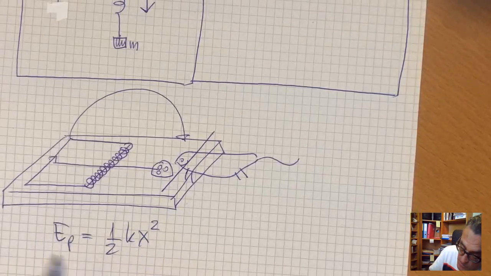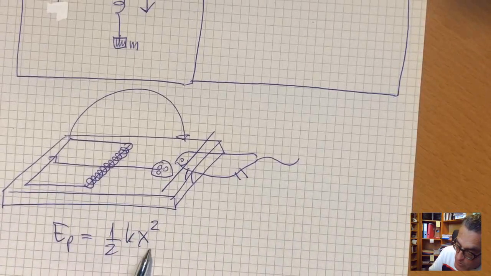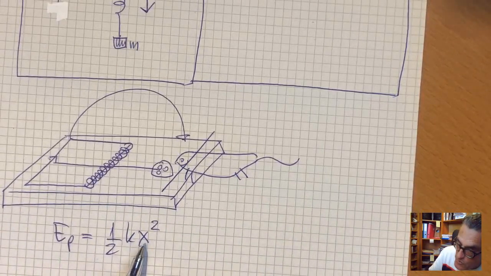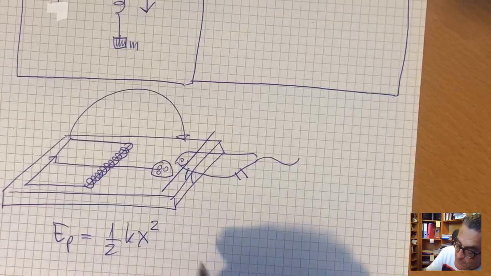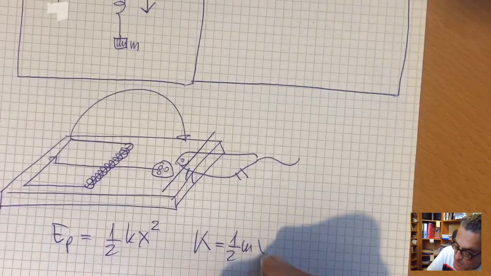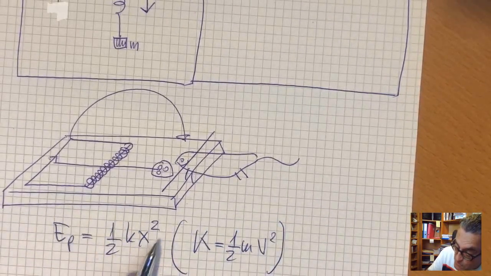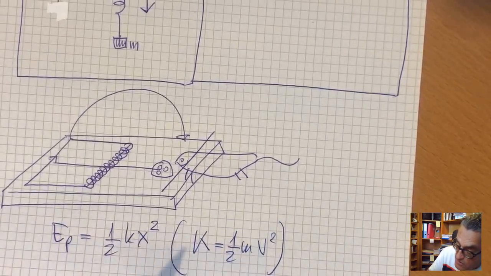So you see, it's an expression which is similar to what? You remember that formula? It looks like something else, which we wrote already. It looks like kinetic energy. It has a bit the same form, but of course this is completely different, because this is a potential energy, not a kinetic energy.